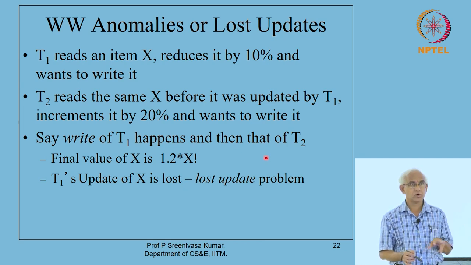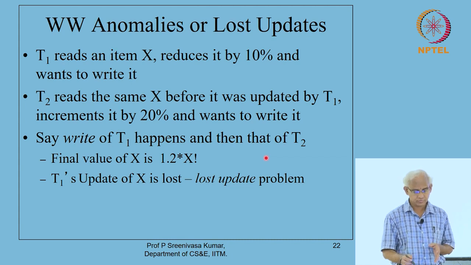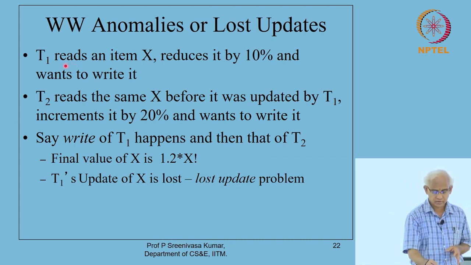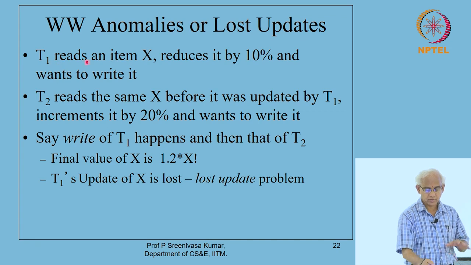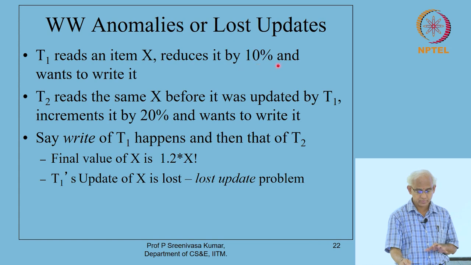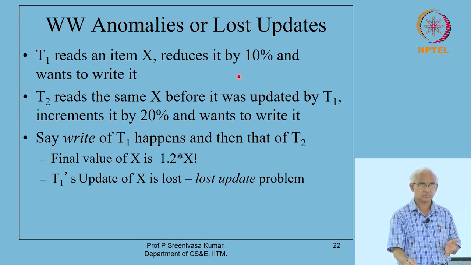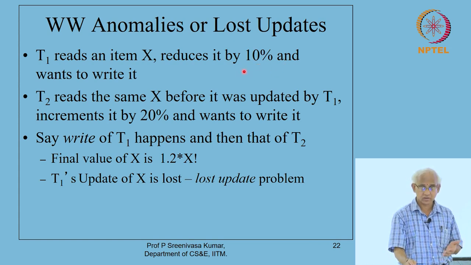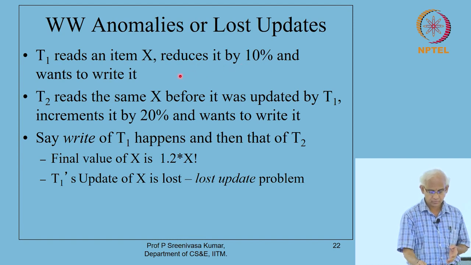This problem, called the WW anomaly or lost update problem, also happens in a similar way. T1 reads an item X, reduces it by 10% and wants to write it. It has done a 10% reduction, but it has not yet written it.